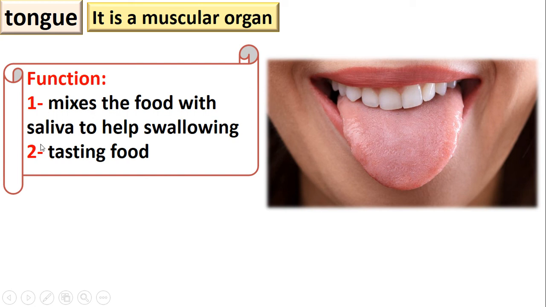And function number 2 for the tongue is to taste the food, to know if this food is sweet or salty. So again, we have two functions for the tongue: mixing the food with saliva and tasting the food.